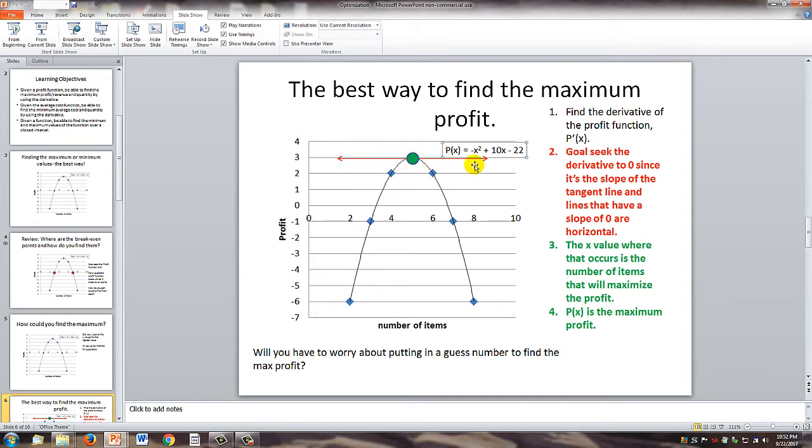So the way that we're going to find the maximum is by taking the derivative of the function and then goal seeking that function equal to 0. The x value where that occurs is the number of items that will maximize the profit. And so you won't have to worry about putting in any kind of guess numbers, because in this quadratic scenario, you only have one place where there is a maximum.